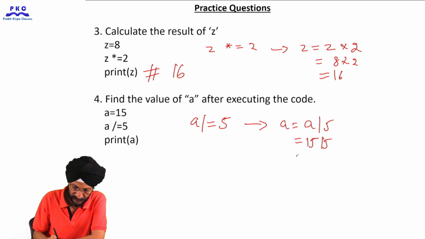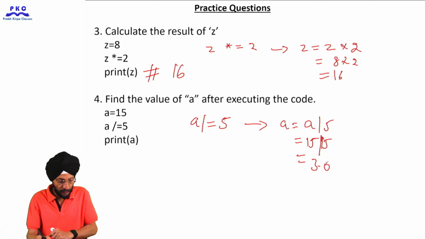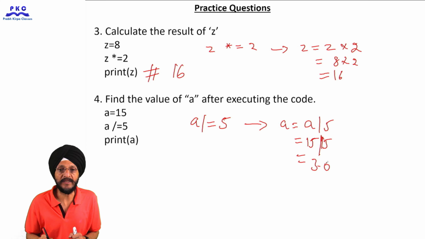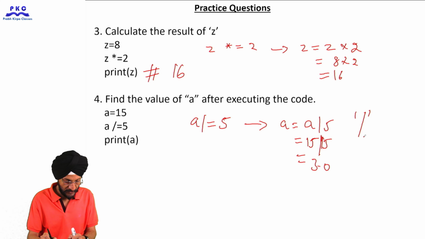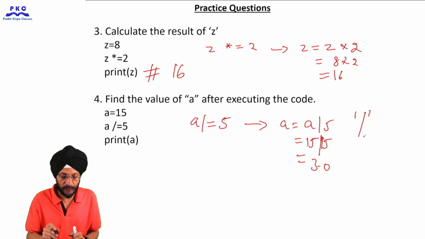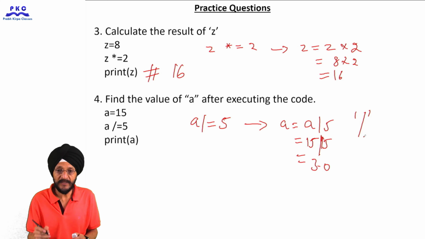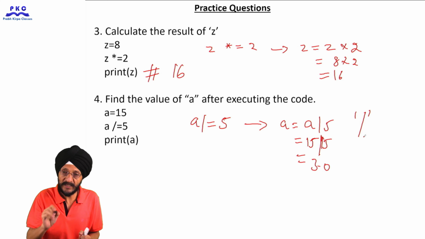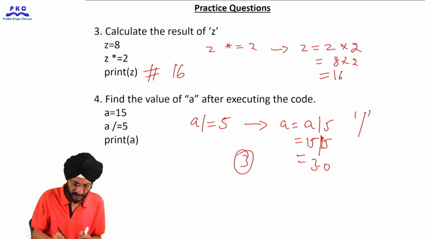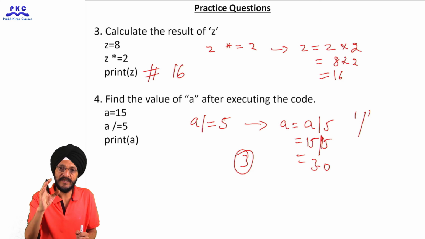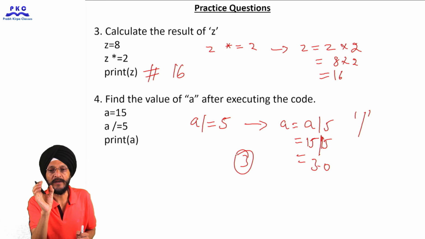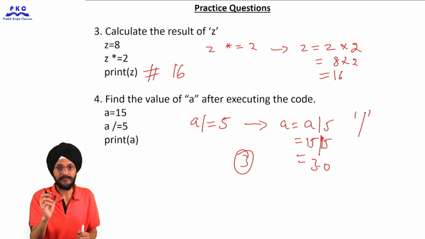So here the answer will be 3.0, because in Python, the division symbol always results in a floating point number, even if the result is a whole number. Here the result is the whole number 3, however, the division operator will always result in a floating point value in Python.